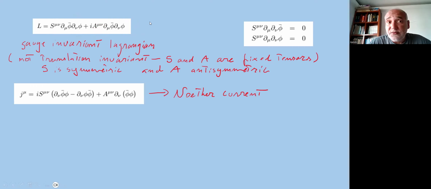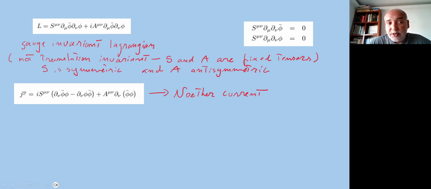So if it is gauge invariant, there must be a conserved current. We can check the equations of motion are here. As you can see, they do not involve the tensor A, which is anti-symmetric, and the S is symmetric. Because you can see that this, in fact, is a boundary term. So the equations of motion only involve S.